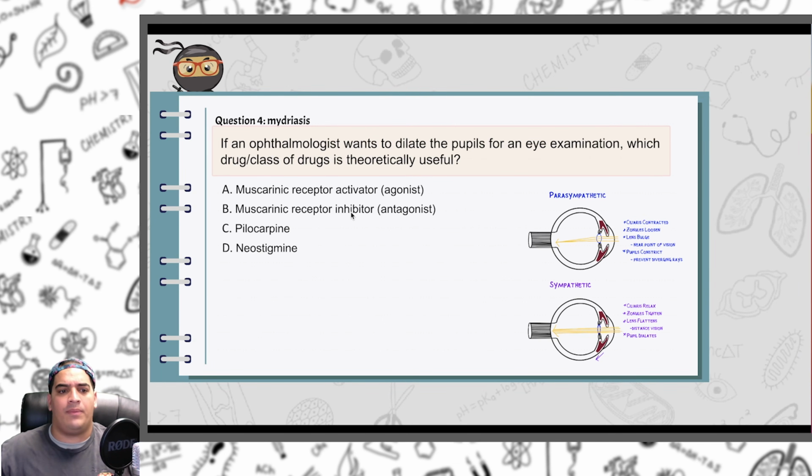Just to continue though, pilocarpine is an actual cholinergic agonist, specifically a muscarinic. Neostigmine is a cholinesterase inhibitor, so it's going to increase acetylcholine and that'll stimulate the muscarinic receptors. So pilocarpine, neostigmine, and the muscarinic agonists are all kind of synonymous to one another. So we want the antagonist to cause pupillary dilation.